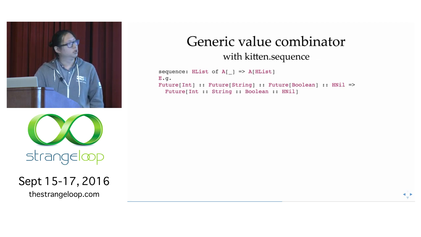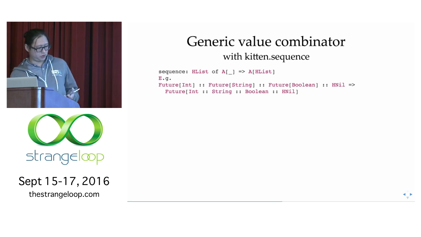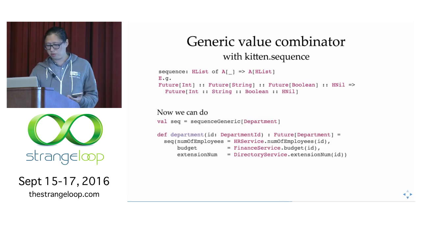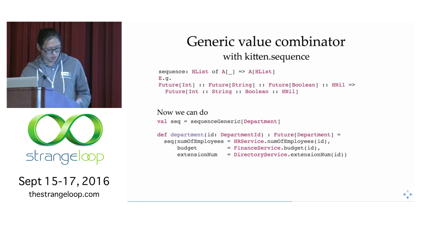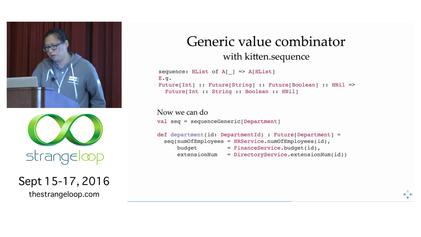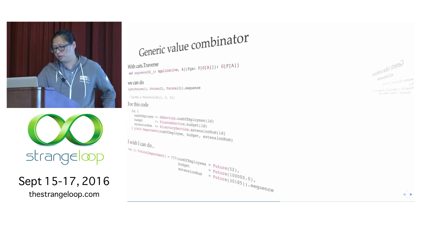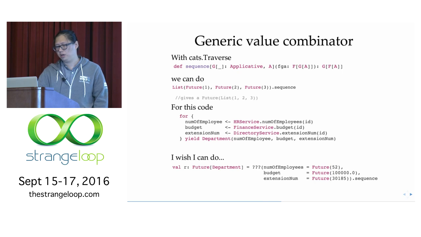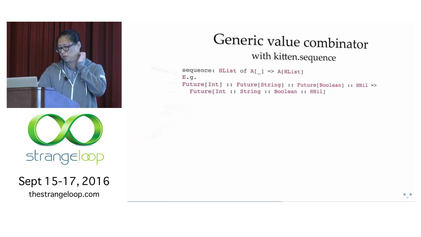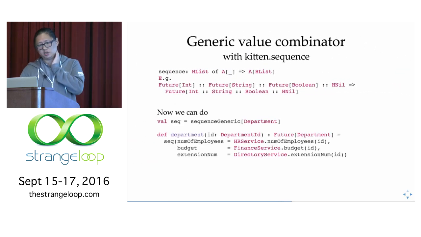So let me see how long I have. So basically, we're back to the code that we just had. What we wanted to do is say, if I have a number of employees feature and a budget feature, I want to just call sequence and I get a feature of department. And that's exactly what sequence generic in Kittens gives you.